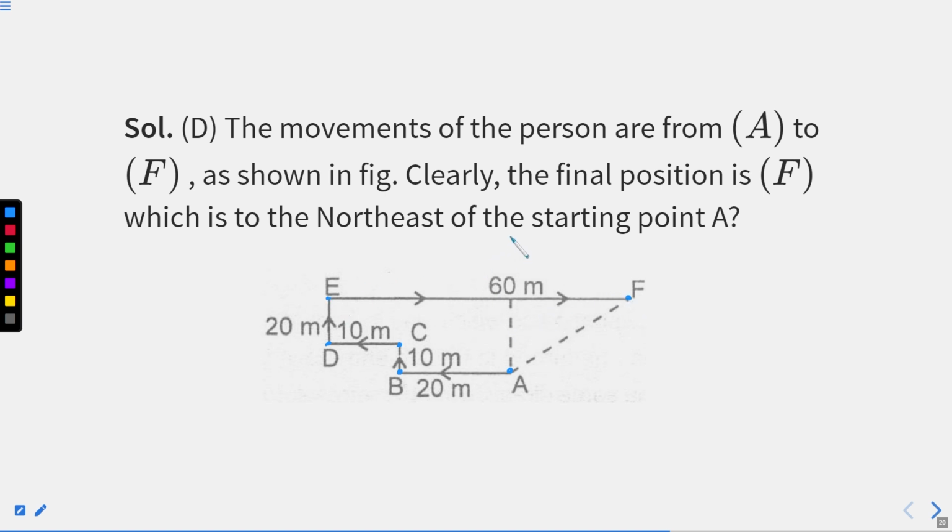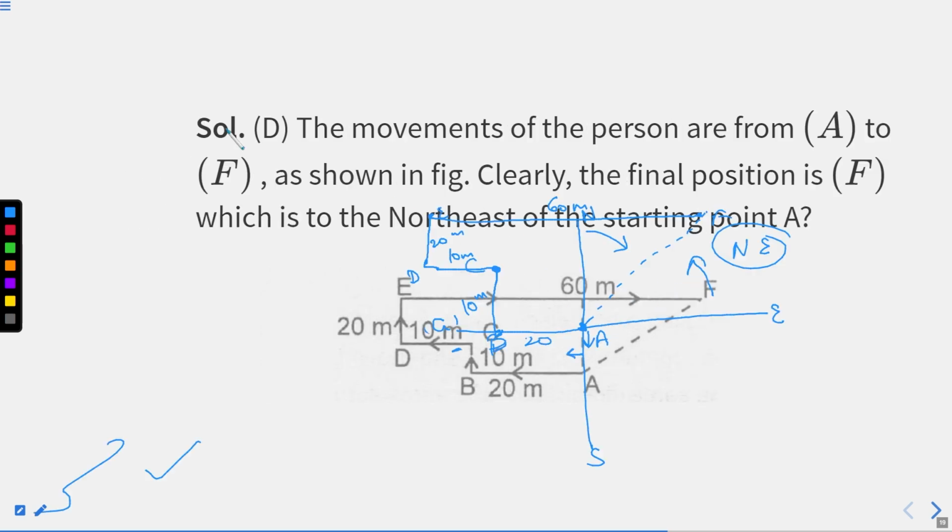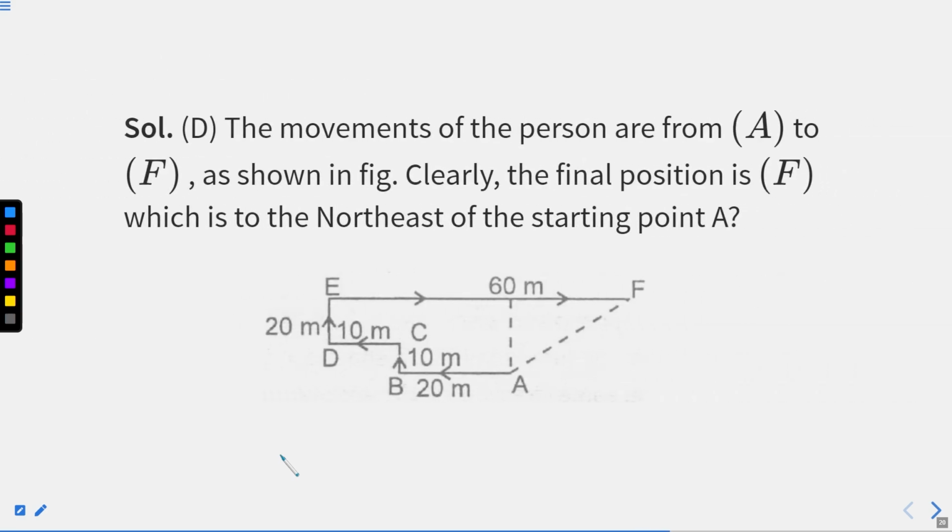And as I said, always draw a plus sign at the starting point and try to figure out in which direction you are. This is north, this is south, this is east, and this is west. So F is a point in between north and east, so it will be northeast, which is our option number D. I hope you got this, right?